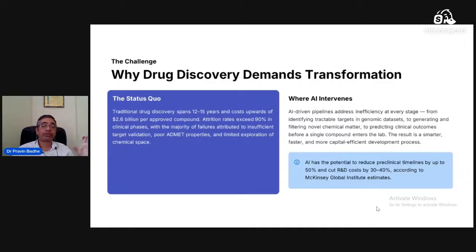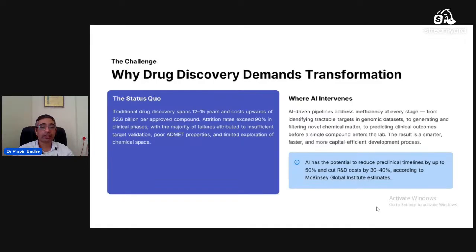But still, even with that shift, it is taking 12 to 15 years and about 2.6 billion in finance for an approved compound. So this is time wise, money wise.